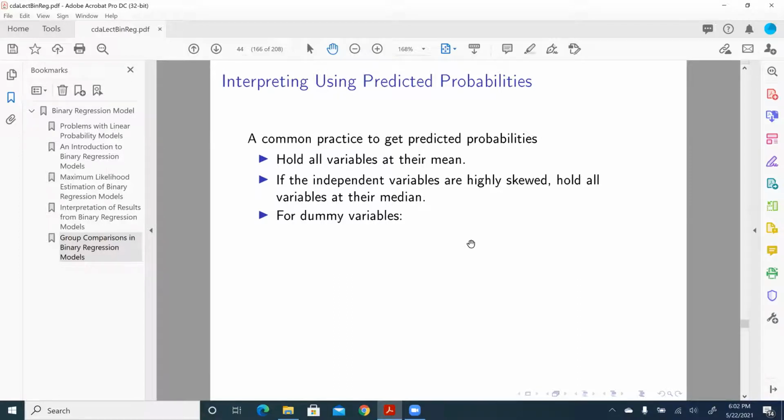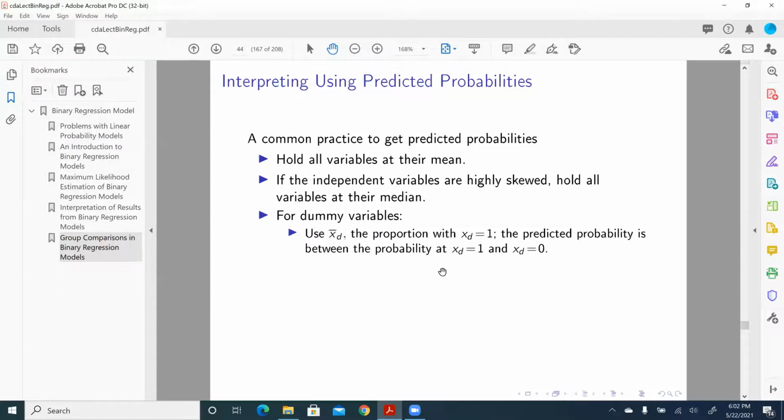And here's for dummy variables, so variables that are coded 1 and 0. Sometimes we have one dummy if we have a binary indicator variable, and other times we could have multiple binary dummy variables for a multi-category explanatory variable.